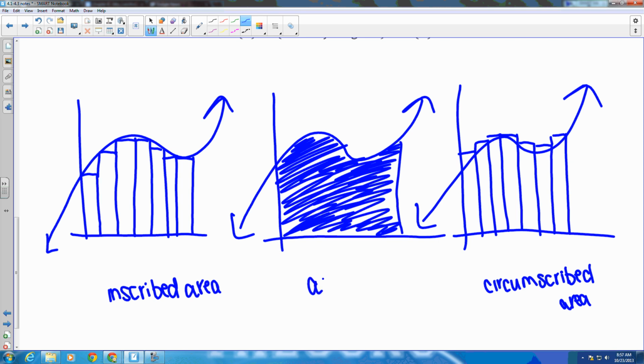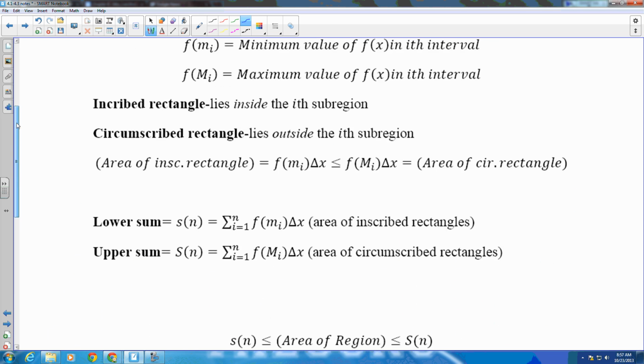Okay, that's our actual area. So that's what we were explaining up above; I just thought the pictures would visualize it a little better. Our area of the inscribed rectangles is less than our actual area, which is less than our area of circumscribed.